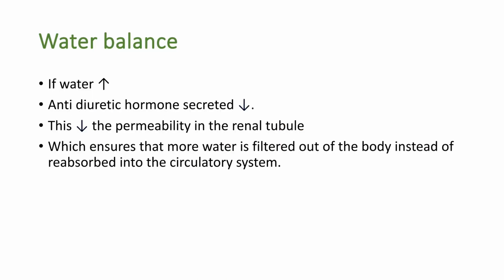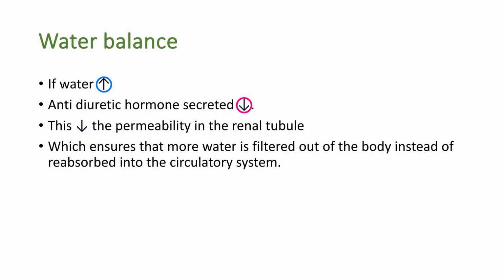Let's delve into water balance since the nephron plays a role in it. In order to keep it short and sweet, I am only going to explain what happens when water levels increase in the body. The exact opposite of the explanation will be true if water decreases. If water levels increase because you have had too much water, or because it was a cold day, for example, the body will secrete less antidiuretic hormone, also known as ADH.